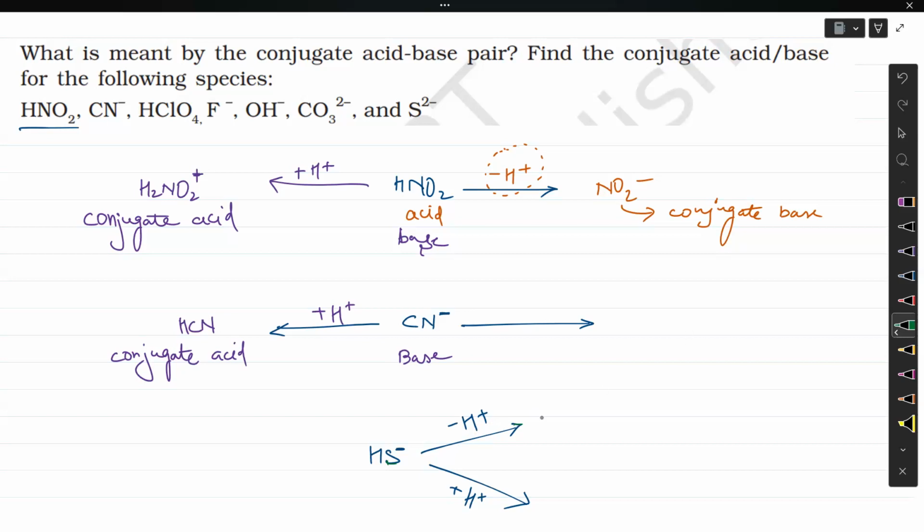It is giving out H plus, so it will act as an acid or base? Acid, right?